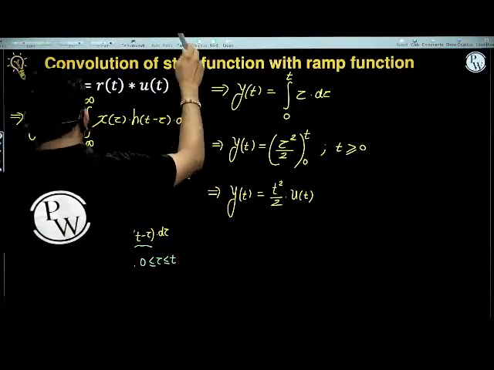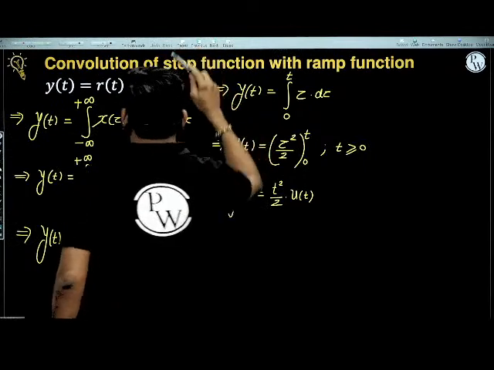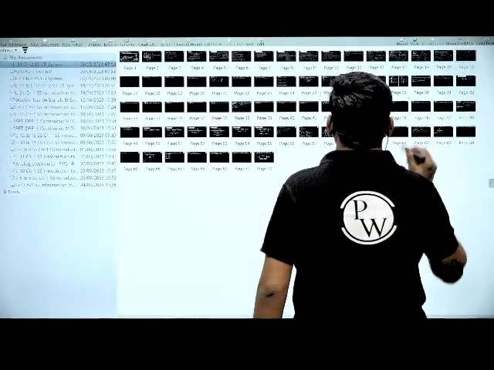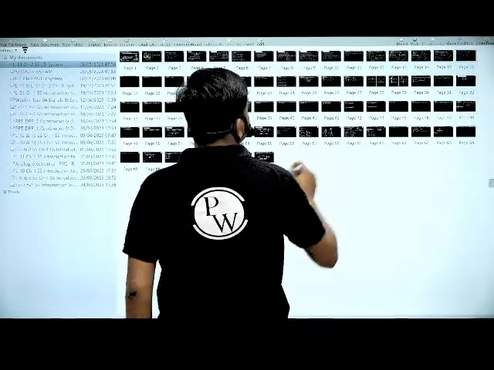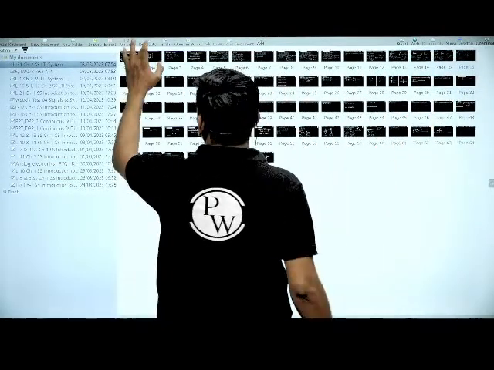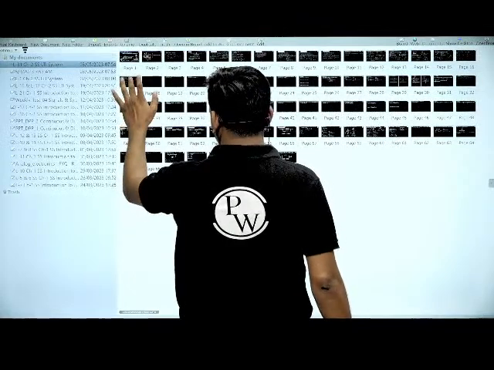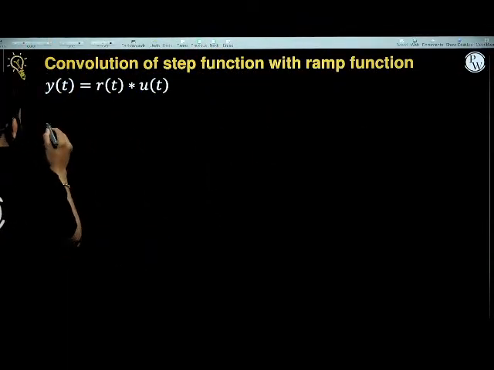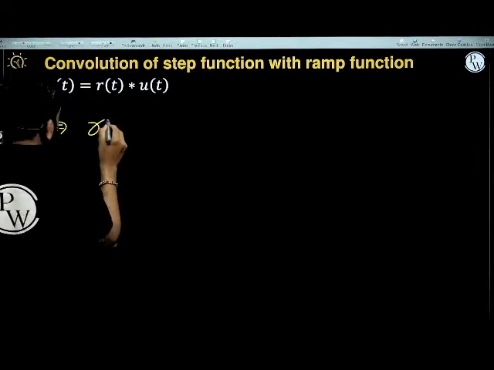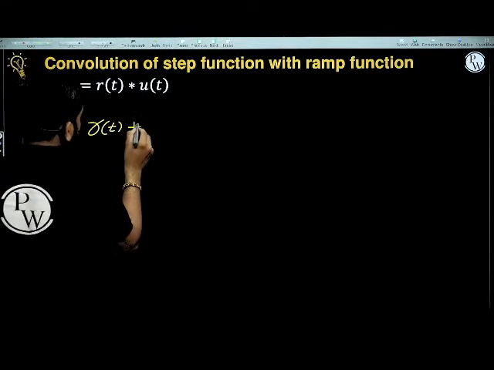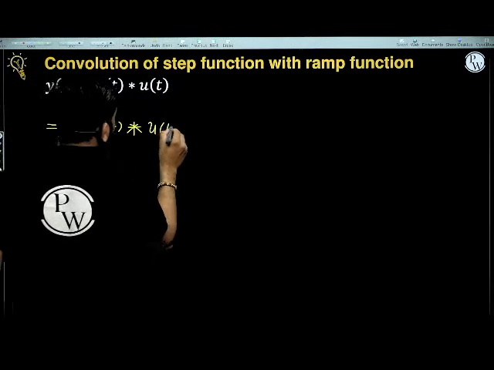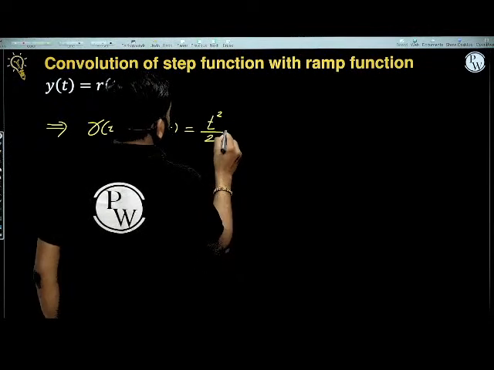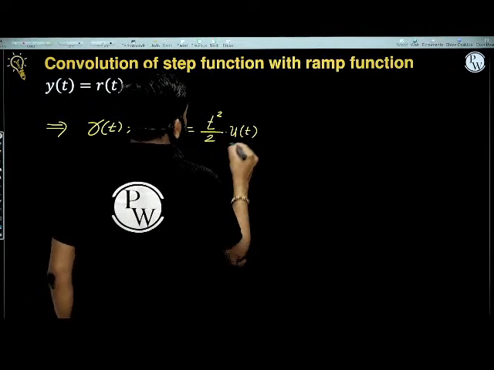So what we can say here, the conclusion is that r of t with u of t is nothing but t square by 2 into u of t.